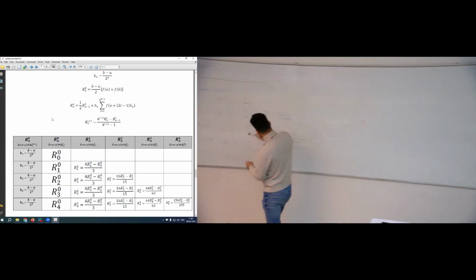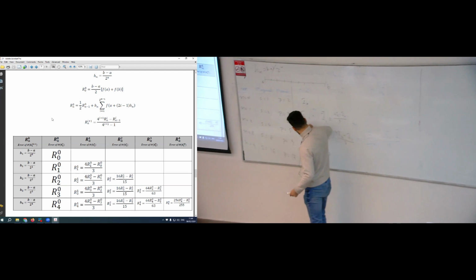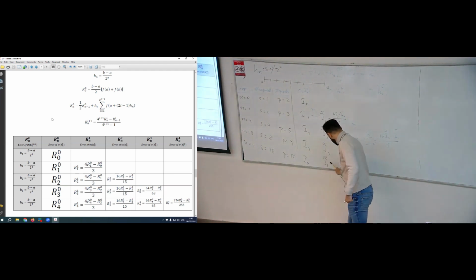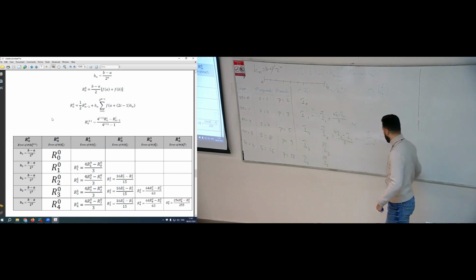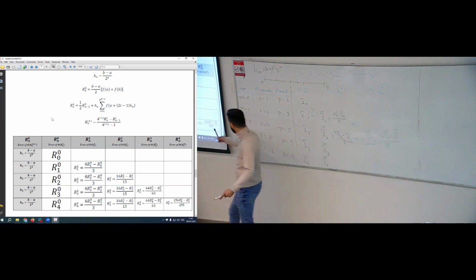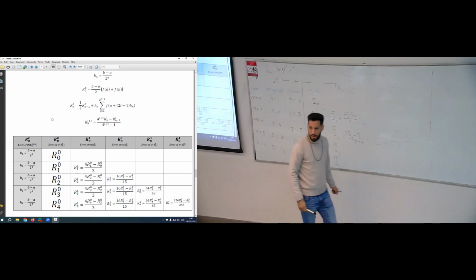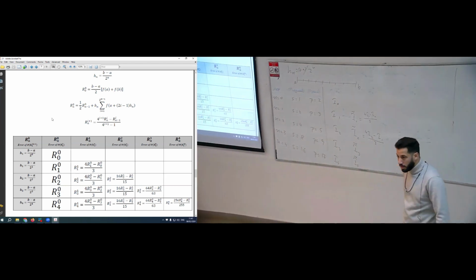And we know that this is better than this, this is better than this, and so on, and this is the best. We don't need to go all the way down the triangle.